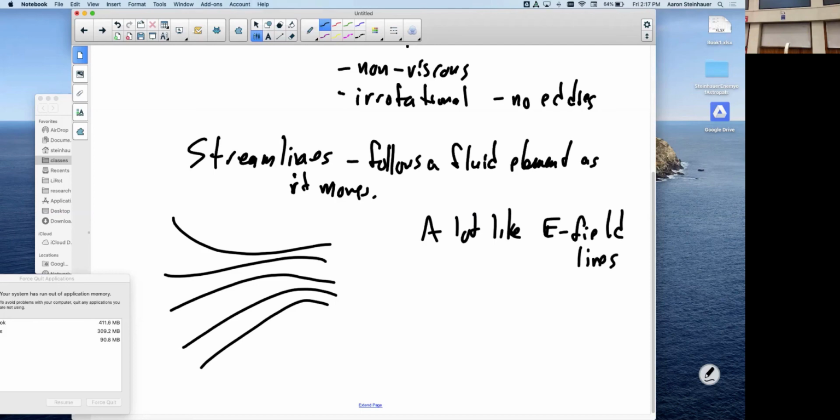How so? They cannot cross. Two streamlines cannot physically cross one another. Why is it illegal for two streamlines to cross one another?